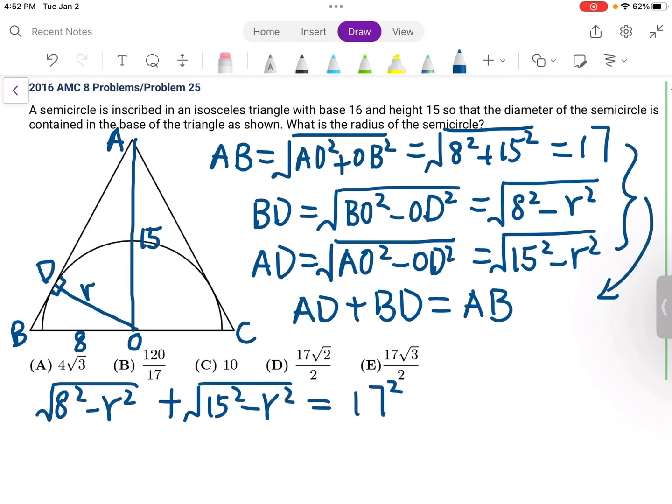We take squares on both sides to solve this equation.